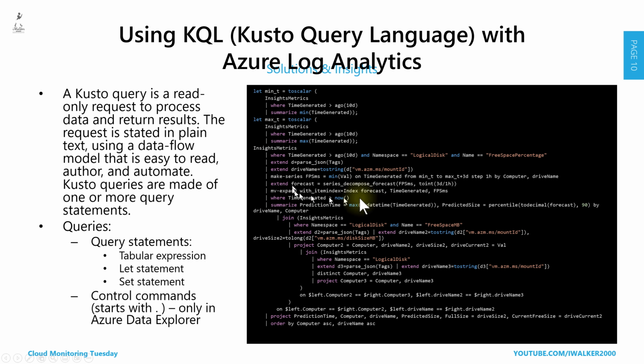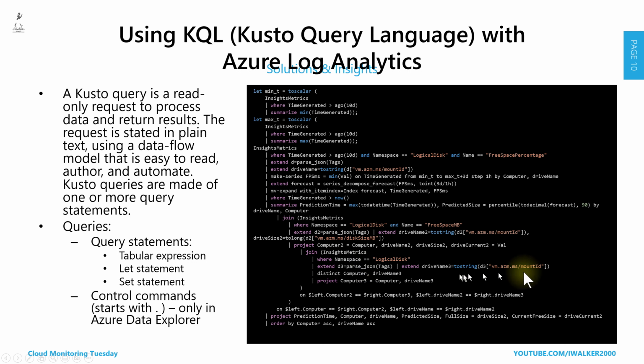So what we are trying to get here are the different values. When we say free space, we take the value of the free space, not just the mount ID, but we are taking the disk size in megabytes, and we have this information.